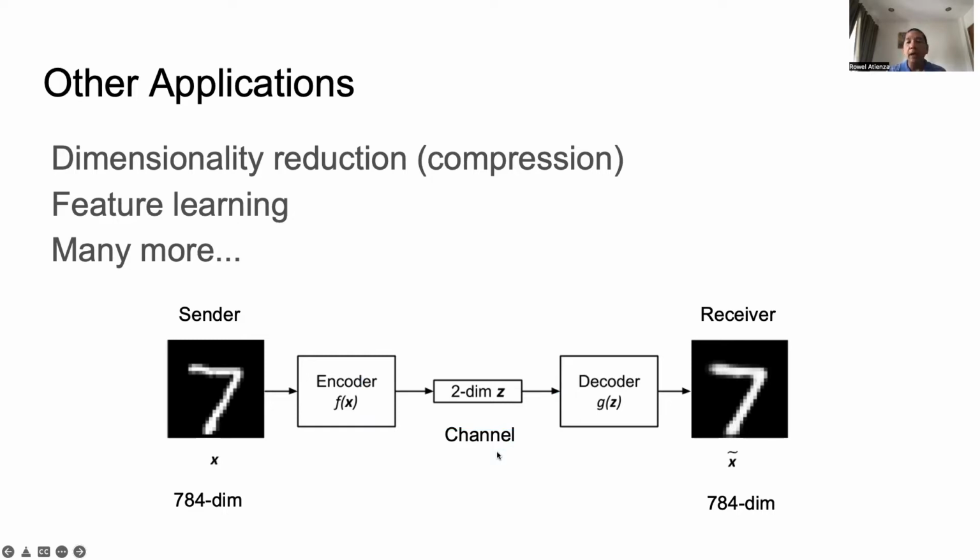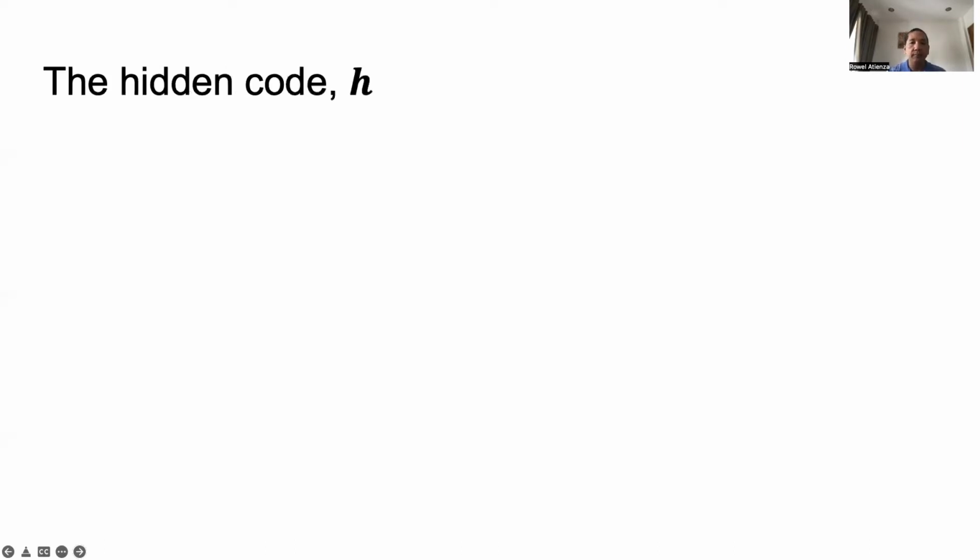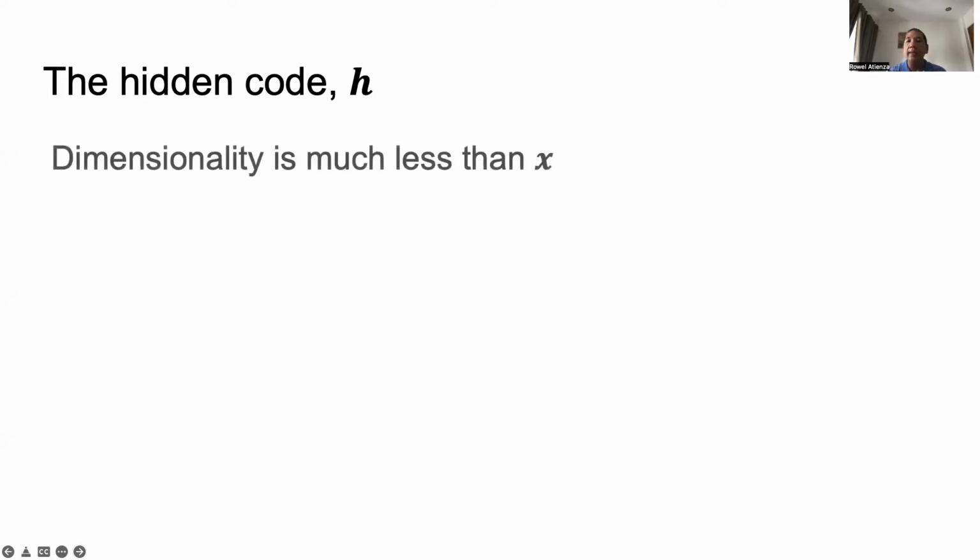There are other applications of autoencoders such as feature learning. We will discuss more applications in the succeeding slides. The hidden code seems to contain a lot of information about the input. To be useful, it has dimensionality that is much smaller than the input x.